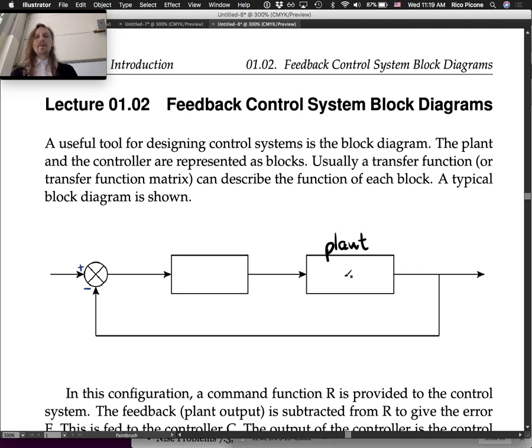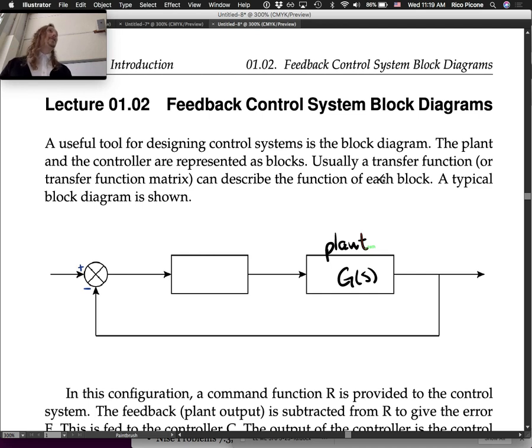And we often will say that the plant has transfer function G of S. In this class, we'll mostly be at the very beginning of control system exploration, so we'll almost always be using a transfer function to represent the plant.